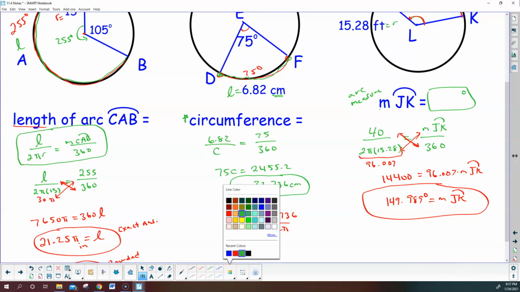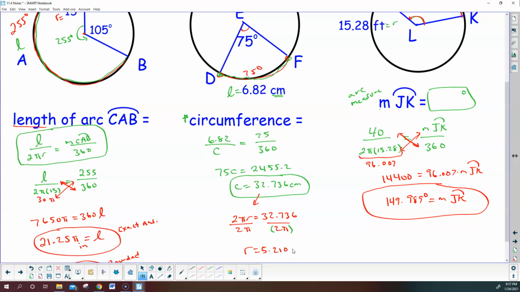If you're using your calculator, which you should be, make sure you put parentheses around that 2 pi. So we could also find exactly what that radius is right here. So that's just an extension for that problem.